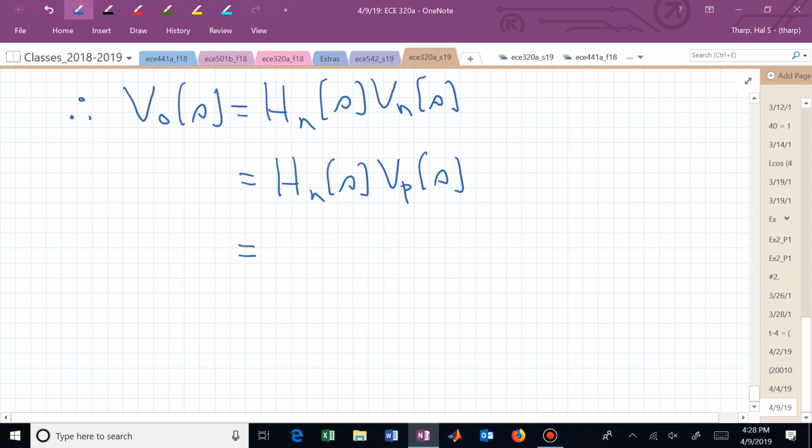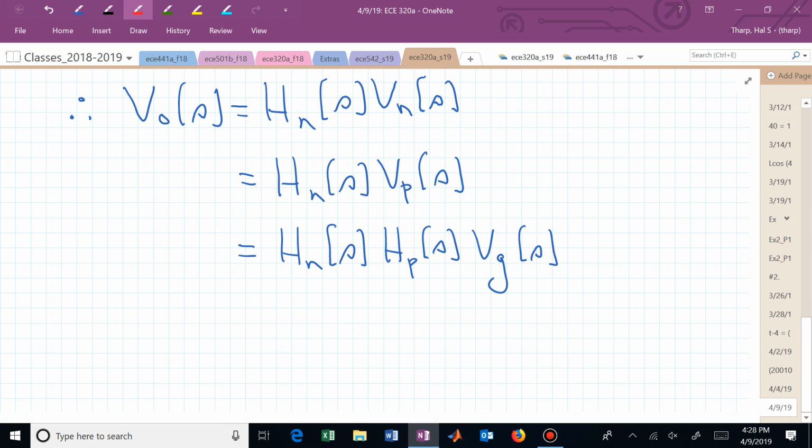So that now I have h sub n of s times h sub p of s v sub g of s. Are you guys as excited as I am? Do you see what we have? We have a product of two transfer functions giving us the total transfer function between our input, v sub g, and our output, v sub 0. Isn't that amazing?